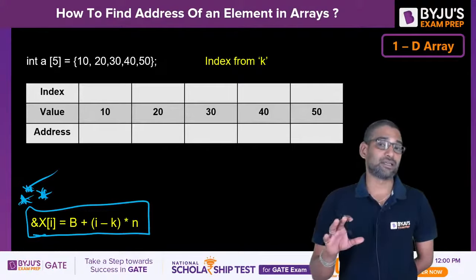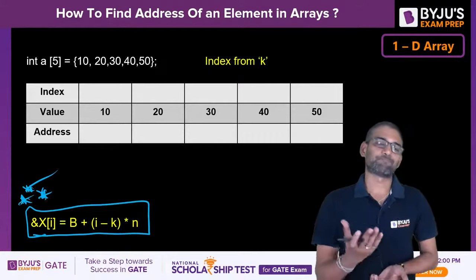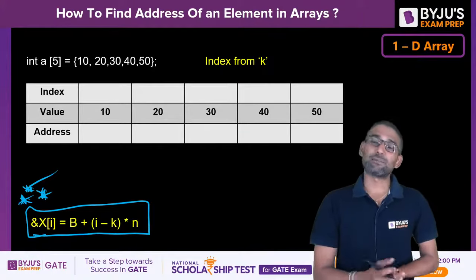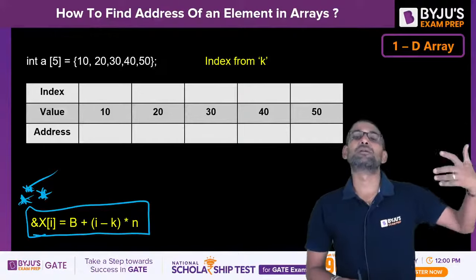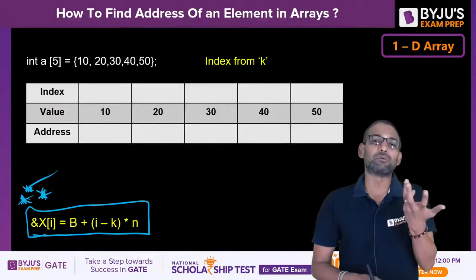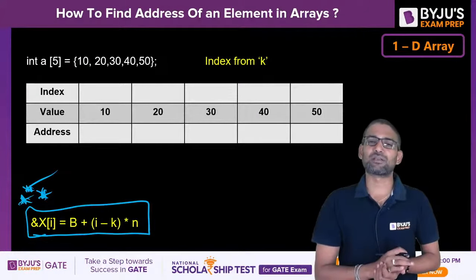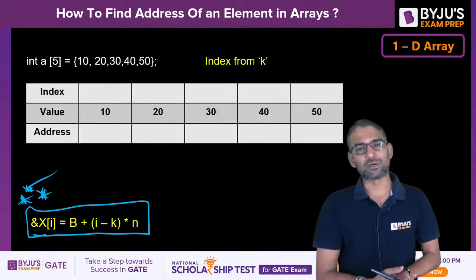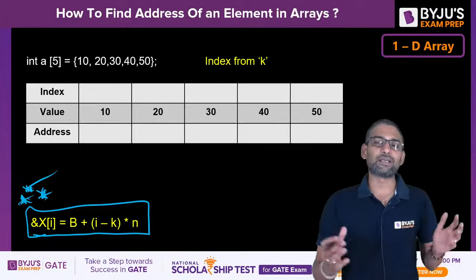Index can never be real. Please remember, for any integer number you take, this formula definitely works. And sometimes you may be given a base address not starting from 1000 but some other, negative address. Address cannot be negative, but maybe for the problem's sake you may be asked to find out, and still this formula works. Okay? Am I clear, everybody?